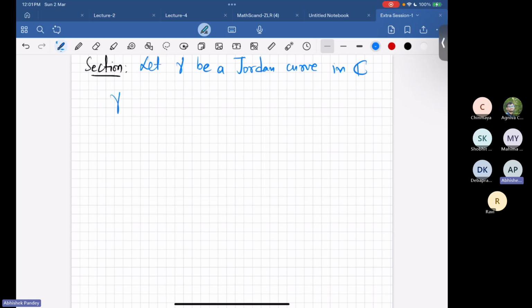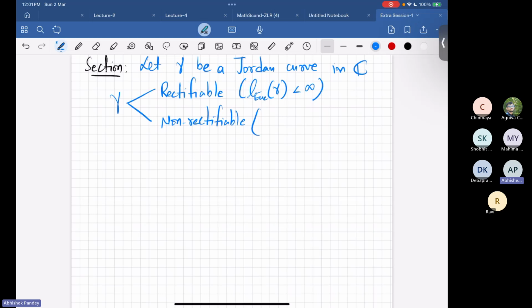Either gamma is rectifiable, that is, the Euclidean length L_d of gamma is less than infinity, or it is non-rectifiable, where the Euclidean length of gamma is infinite.